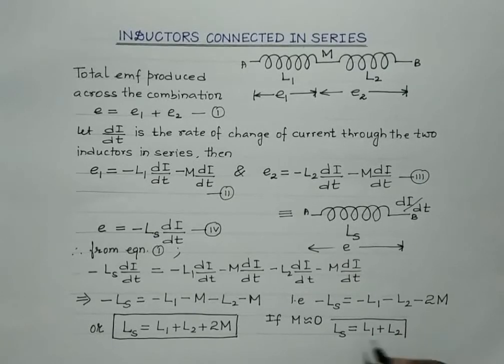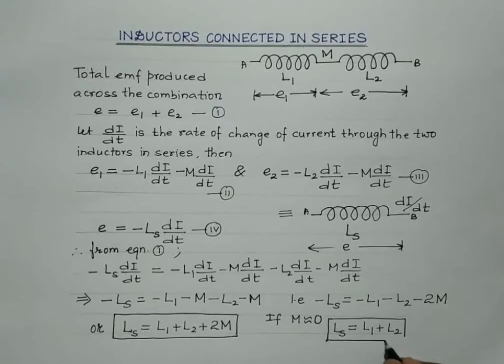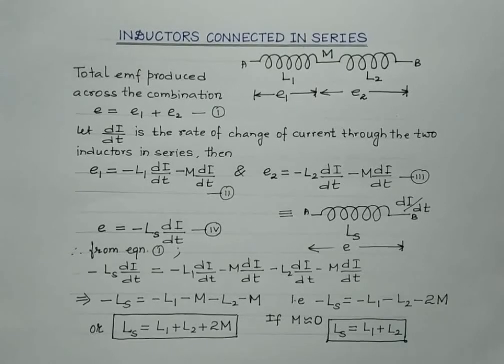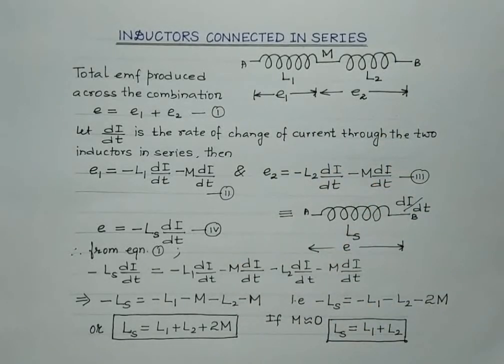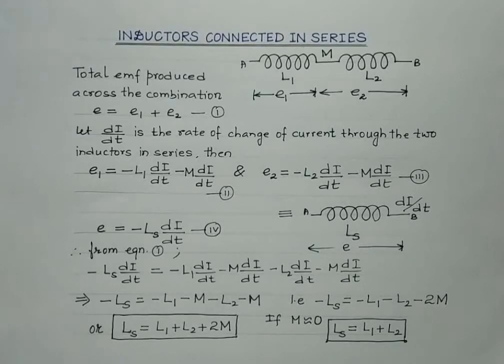So you can generalize this result for two or more inductors connected in series. So in such a case, the effective inductance in the series grouping is given by the sum of inductances of the inductors connected in series, right? So this is the case of inductors when they are connected in series.